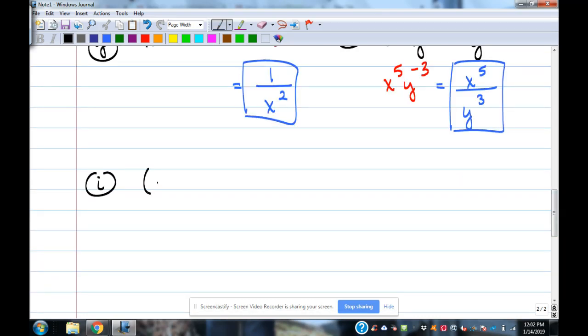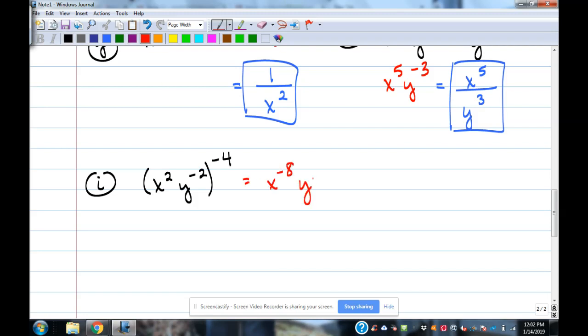See about this one. X to the 2nd power, y to the negative 2 power, all raised to the negative 4 power. Multiply those exponents by negative 4, is what Tyler says. Is that right? Yeah, he's smart. He's got it right. So that'd be x to the what? Negative 8.